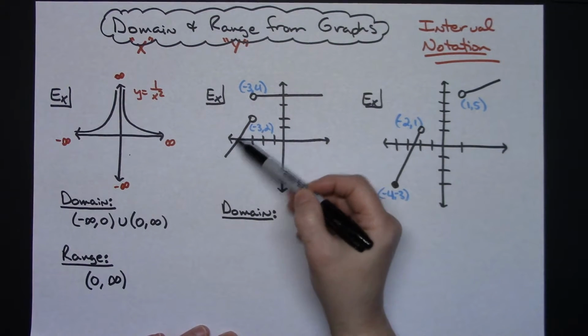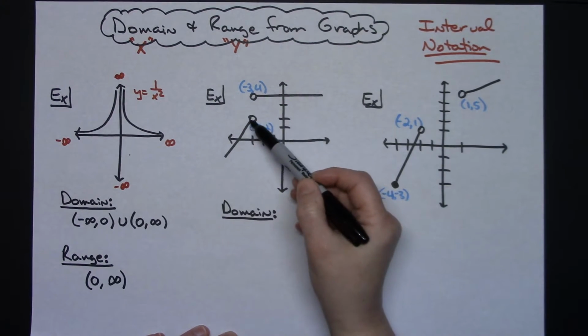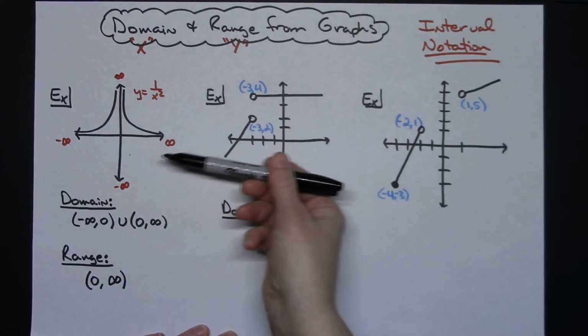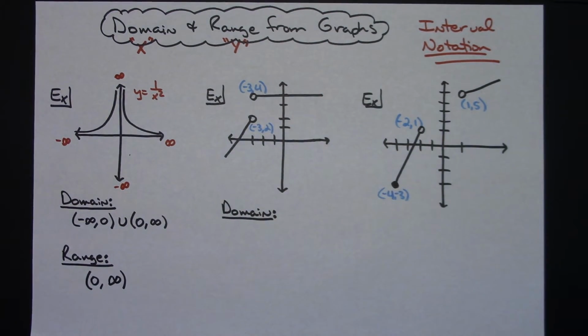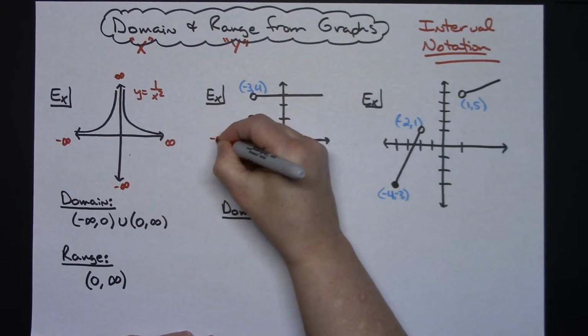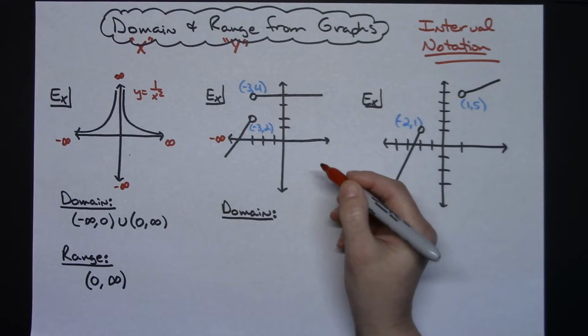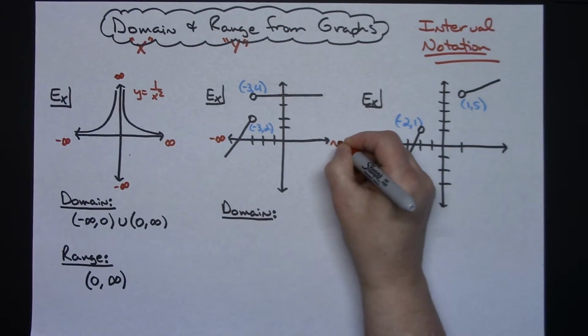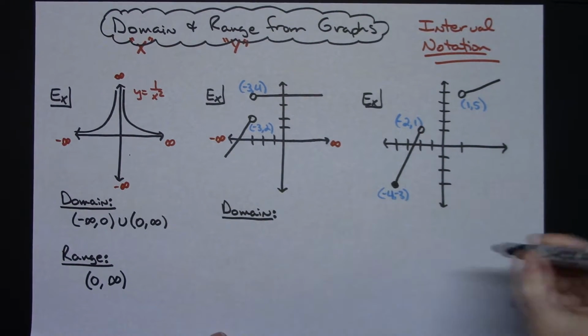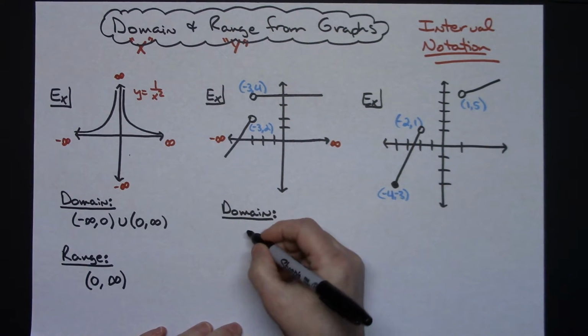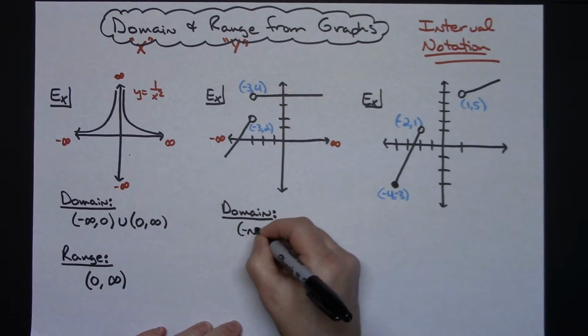Now, yes, this does appear like it's going down, but as well as going down, it's also going to the left. So it is forever and ever getting farther and farther to negative infinity along my x-axis, with positive infinity being over here. So the farthest left value there is going to be negative infinity.